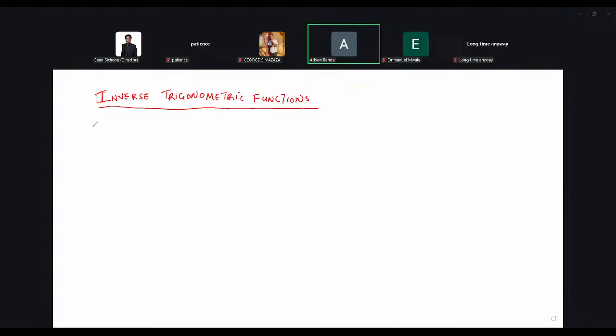So let's remind ourselves, when we're looking at the inverse of a function f, we saw that f has an inverse if and only if f is 1-to-1.